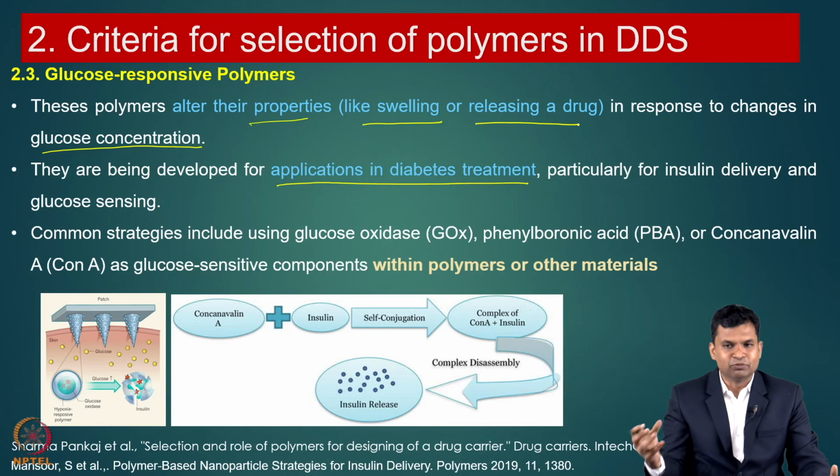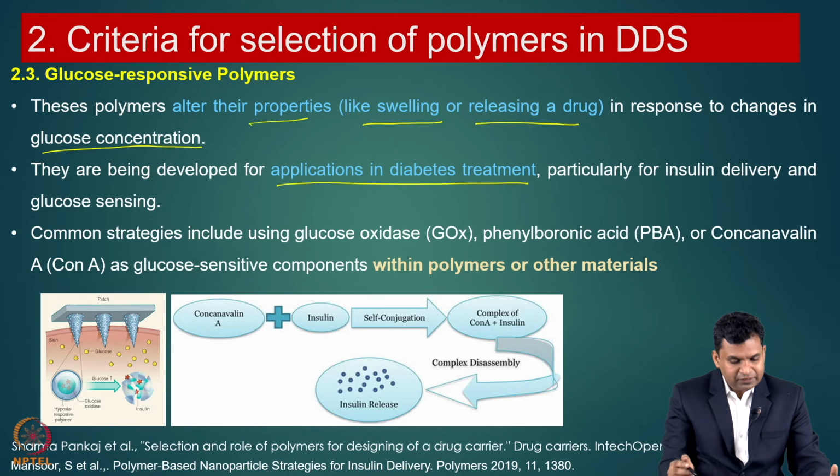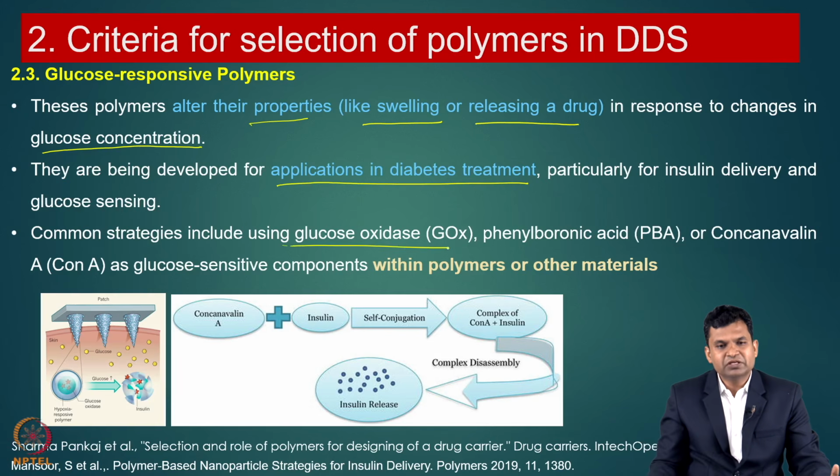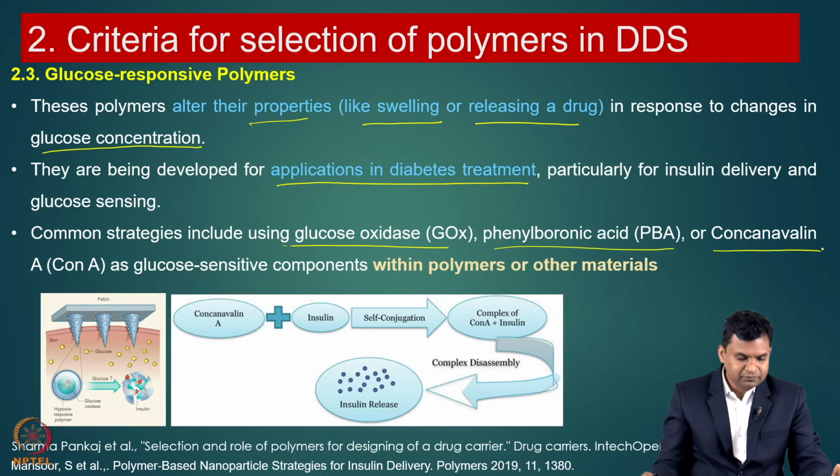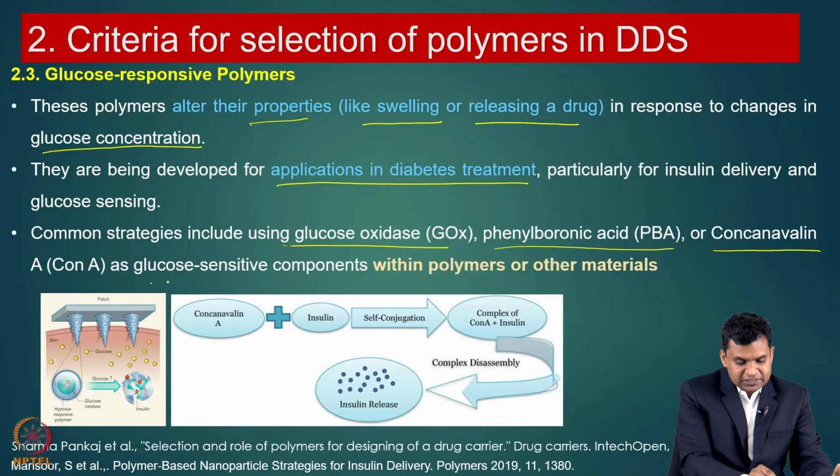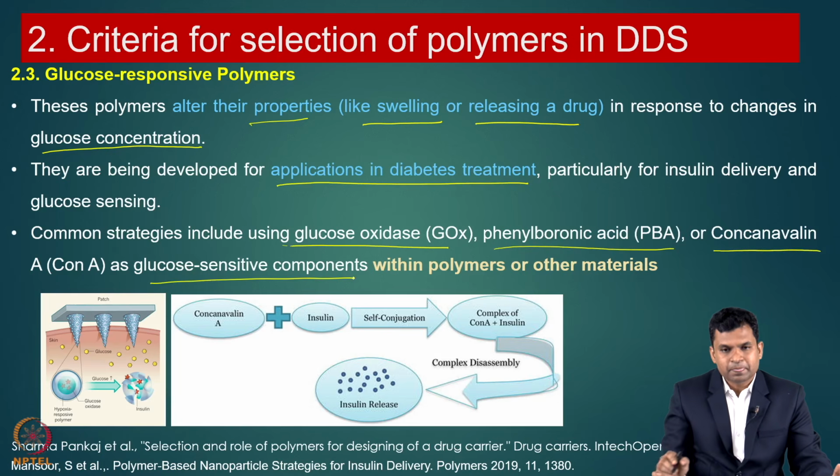their formulation. So, the common strategies we use here are glucose oxidase, phenyl boronic acid, and concanavalin as a glucose response system. These need to be covalently or non-covalently conjugated with the polymers or other materials.